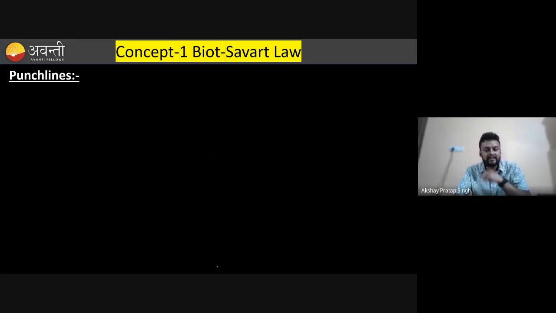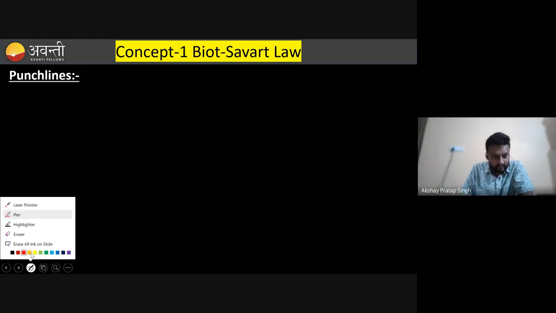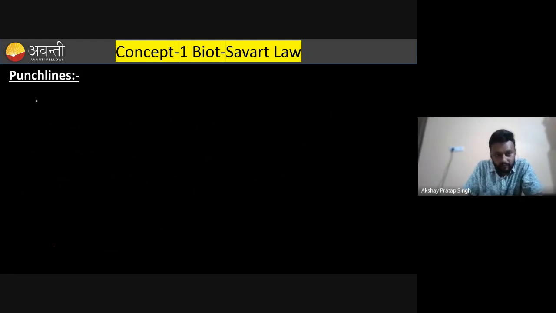Now, what are the punchlines that we can conclude? That's a very good thing that you should focus on. First of all, if I write the formula again of the Biot-Savart law, that is dB is equal to mu naught over 4 pi vector IDL cross R divided by R cube. This is a vector.